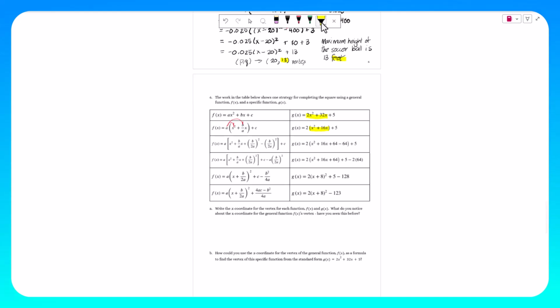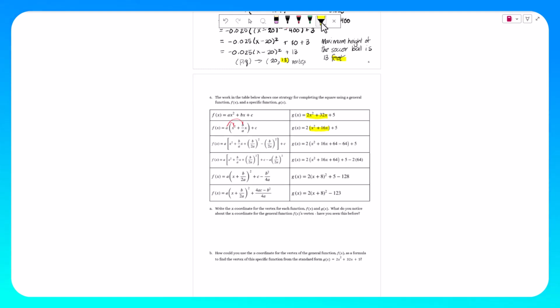They've taken the middle term, which is b over a times x, plus, now look what they did here. They took half of the b over a, and then they squared it, and then they subtract the square of that here. And look, there we go. We got b over 2a minus b over 2a.